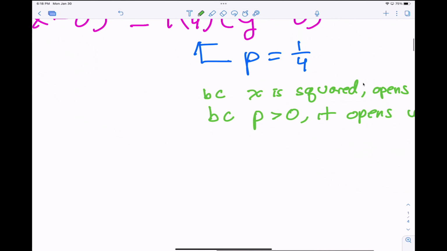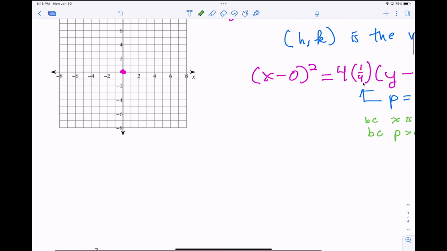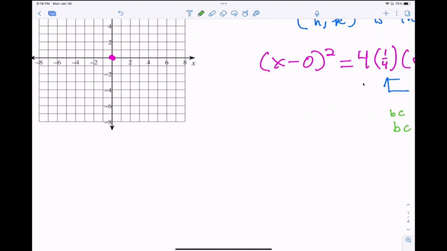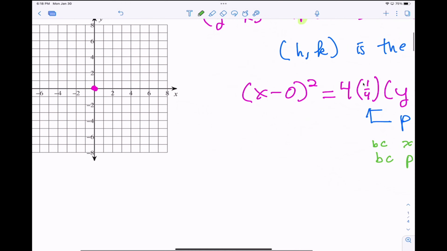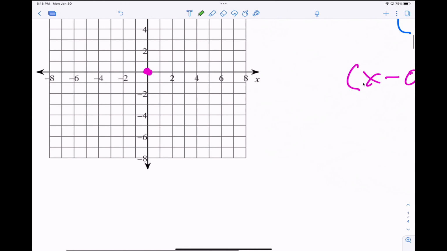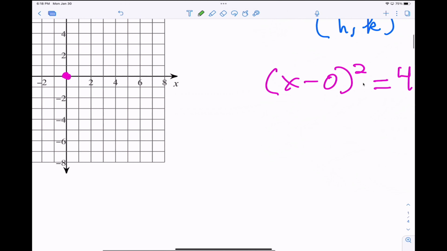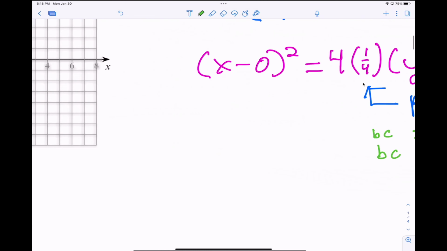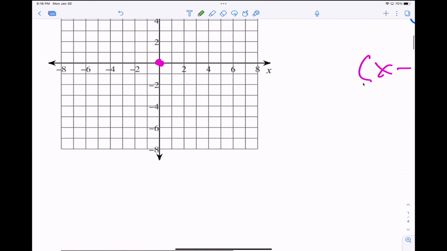Okay? So here's what we do. I'm suddenly wishing I had started one where the value of p was not 1/4, because this graph is terrible. I could change the scale, but I'm just going to live with my poor planning here, and we're going to roll through this. Okay. This thing opens up.